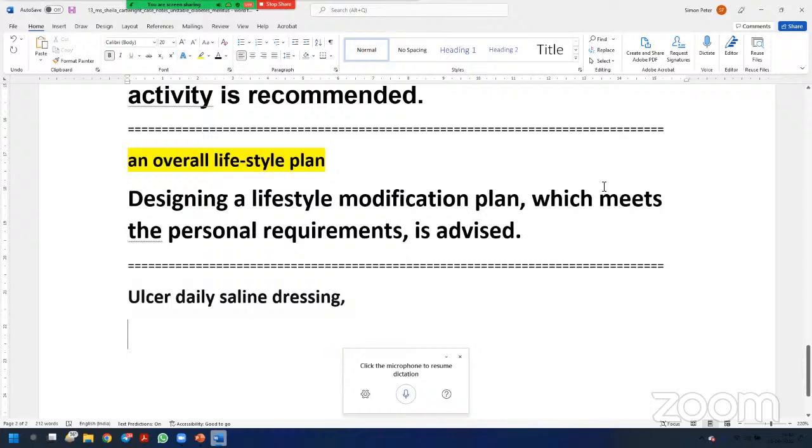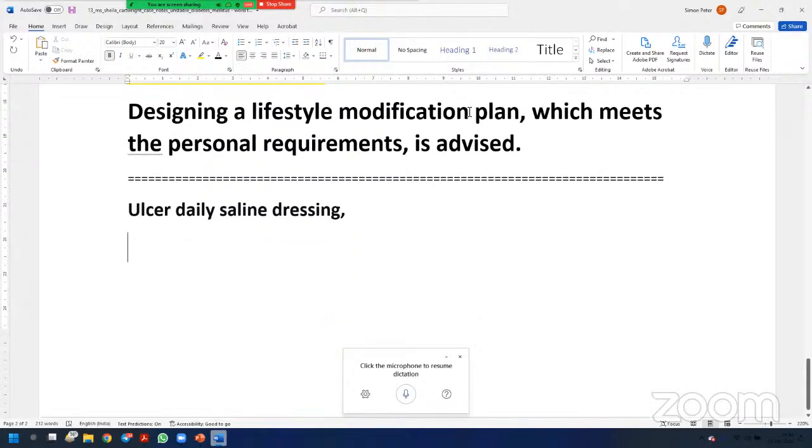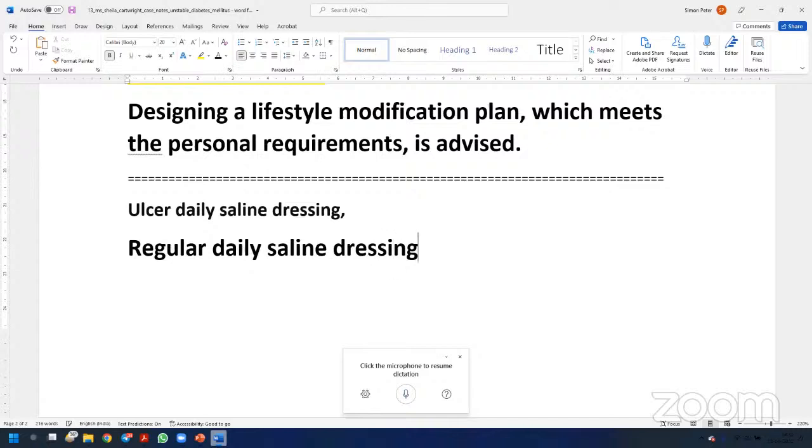Regular daily saline dressing changes have been provided. Okay, like that.